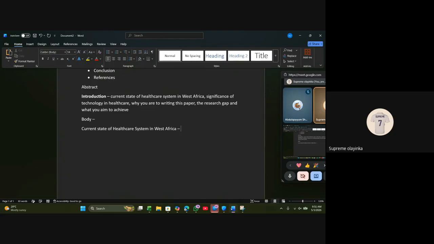Maybe you can start with the involvement, or you can even start with the progression of healthcare system in West Africa.